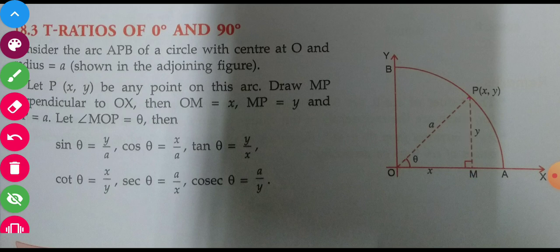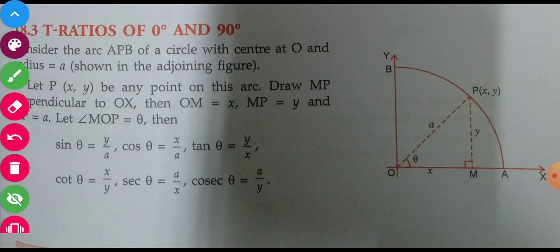Suppose it meets the x axis at M. If the coordinates of this point are x comma y, then this length OM is x, because the distance of P from the y-axis is x, and the distance from the x-axis is y. Therefore, the coordinate is x comma y. So OM is x, PM is y.